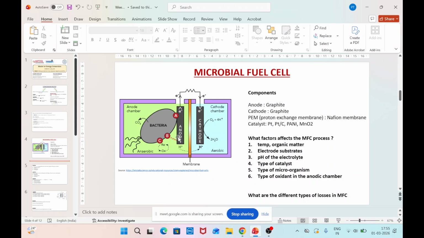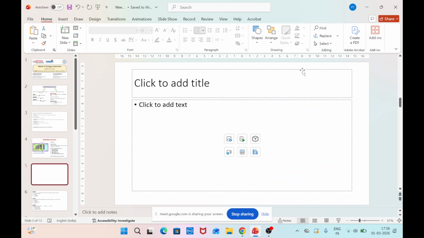In a fuel cell, the anode gets hydrogen gas. Hydrogen gas is pumped through the anodic chamber, comes in contact with the anode electrode, and undergoes oxidation to generate H plus ions plus electrons. Let me write the reaction.